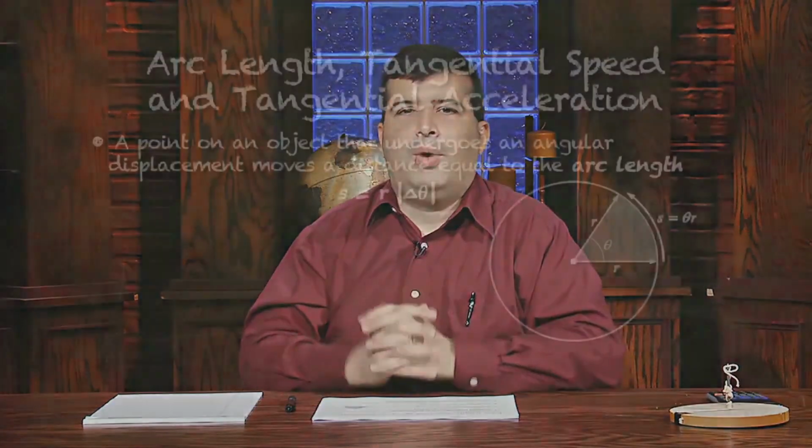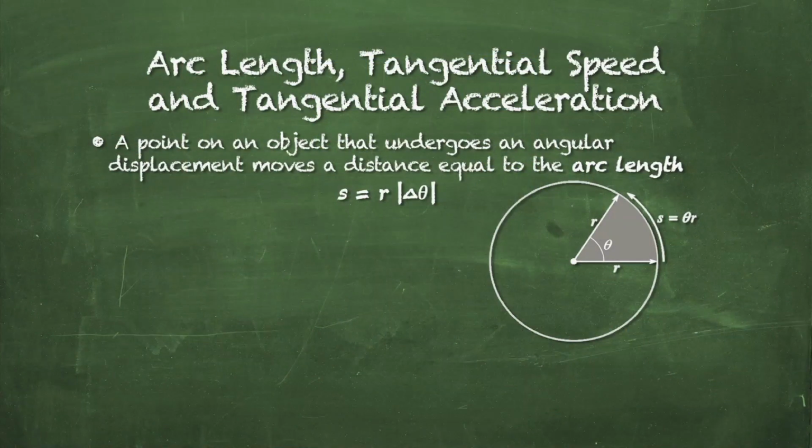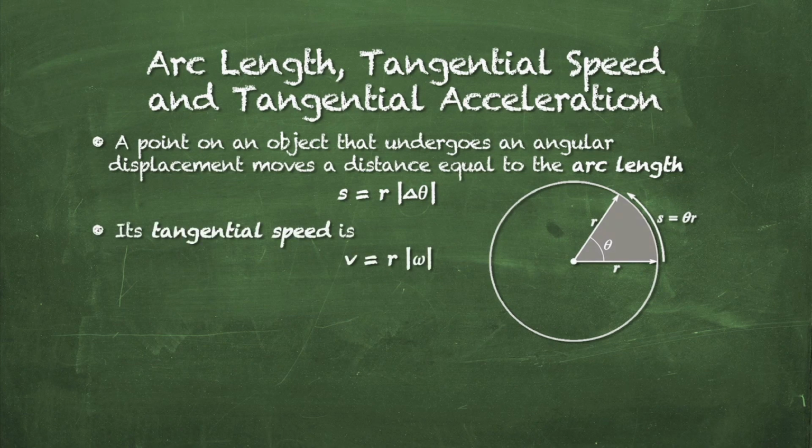So if we look at the equations that relate linear motion to rotational motion, a point on an object that undergoes an angular displacement moves a distance equal to the arc length. You remember from trigonometry that the arc length is equal to the radius of the circle that you move in times the angle through which you move. Tangential speed is very similar.